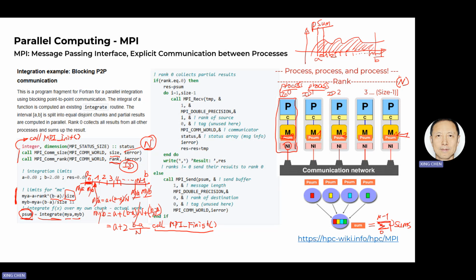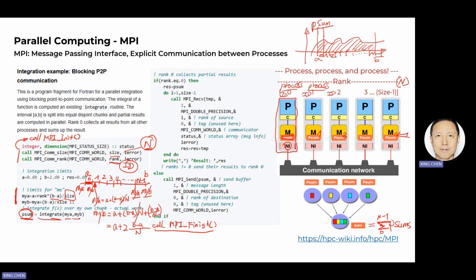That's possible. But the point is that the final result I want to have is the sum of all these p-sums of the MPI processes. Now just try to understand, p-sum stands for partial sum. So what I want to have is the total sum, so we need to put all these p-sums together.